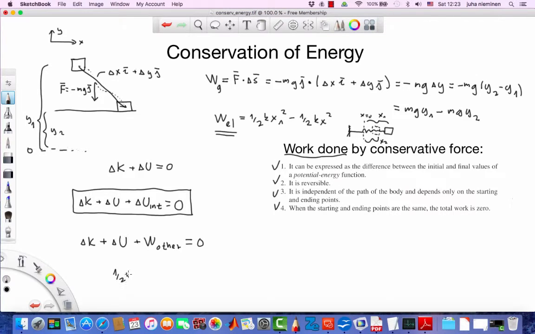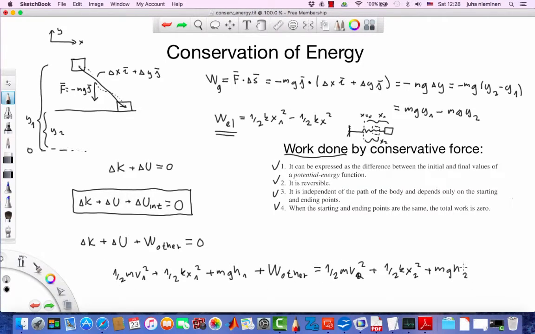First of all, kinetic energy at the beginning plus some elastic energy, if that's included in the system, all at initial point v1, x1, h1, plus any other work that is done, could be friction, for example, equals kinetic energy plus some elastic potential energy, that's of course at point 2, and gravitational potential energy at point 2.